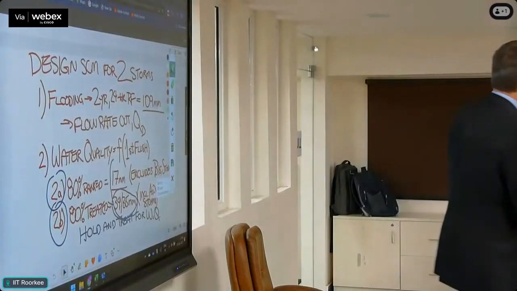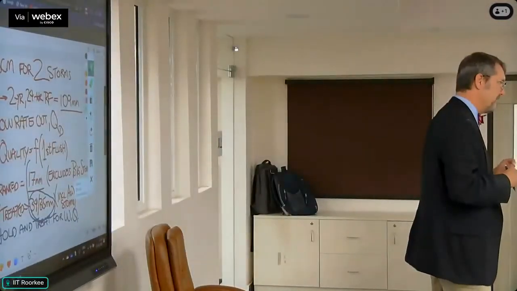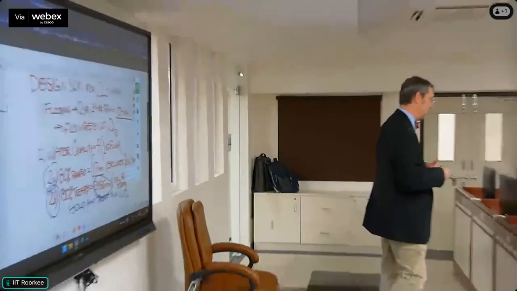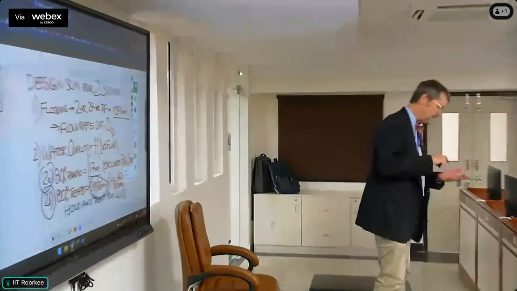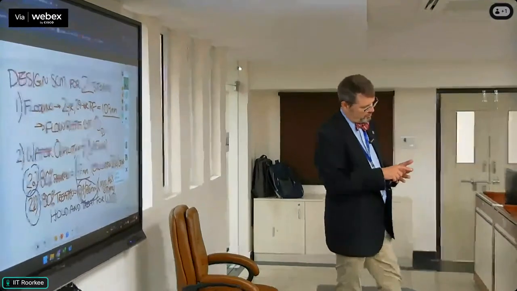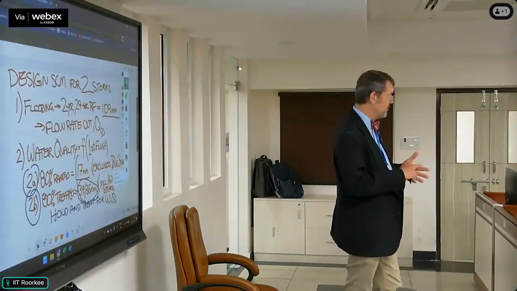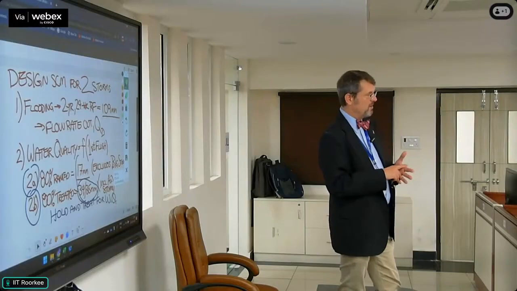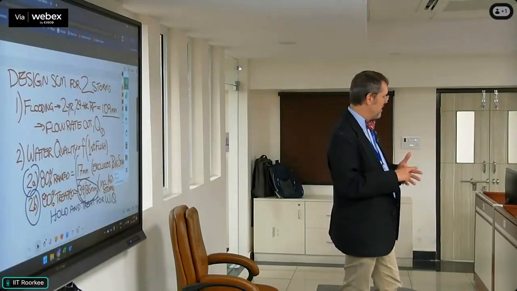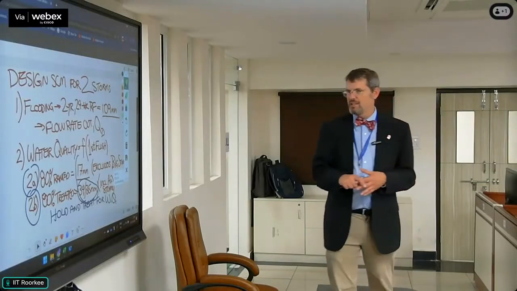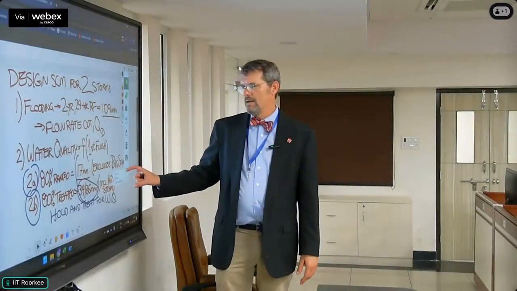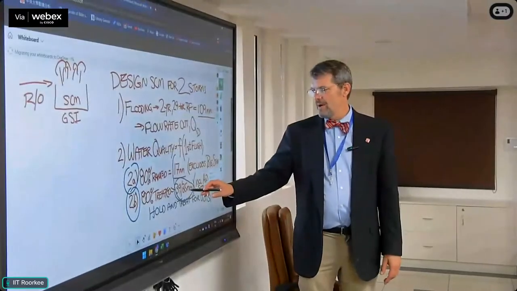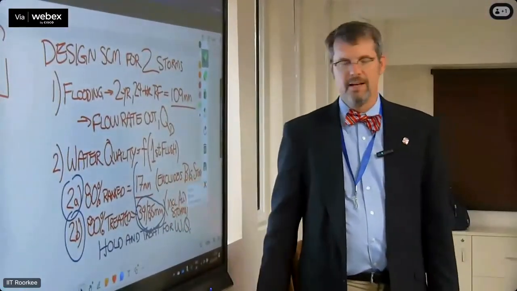For swales, it's a little different; we actually worry about flow rates. But for ponds, wetlands, bioretention cells, and green roofs, we're worried about capturing a volume of water. And so that's why this number or that number is important.